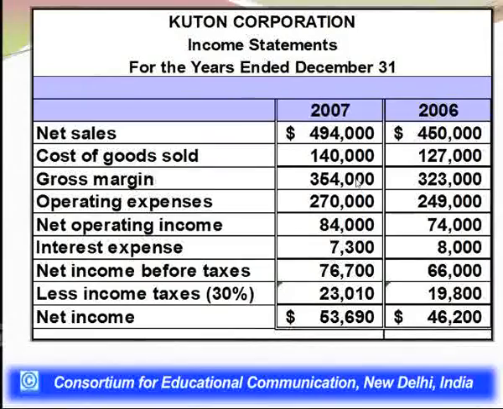So this is something important to note, that the gross margin is 354,000, a huge amount, whereas your net operating income is 84,000, a very steep downward trend in the total margins after operating expenses. Gross margin being so high, but the operating margin for the company is noticeably very low.